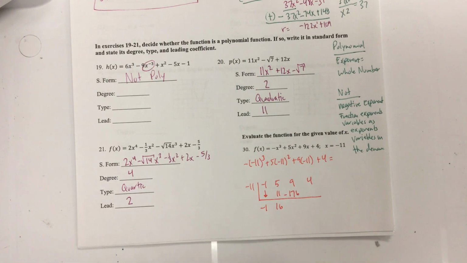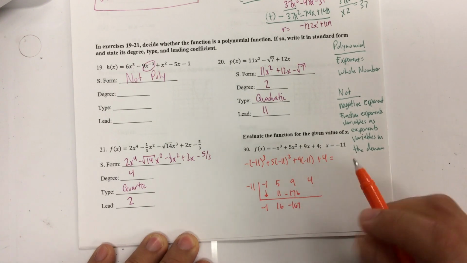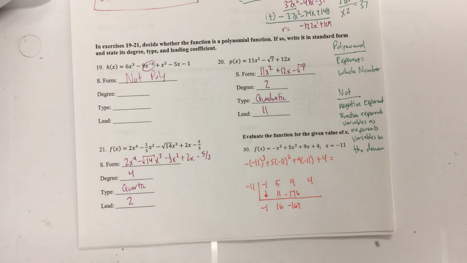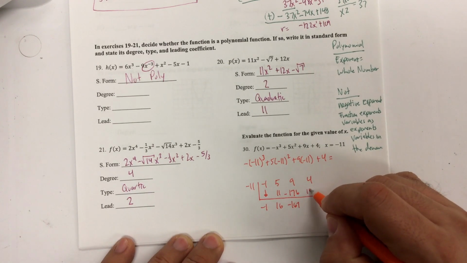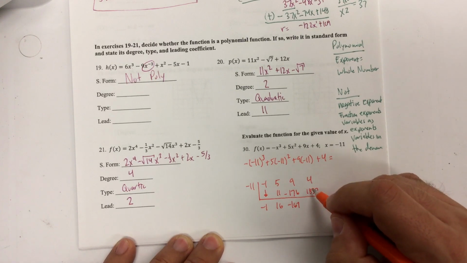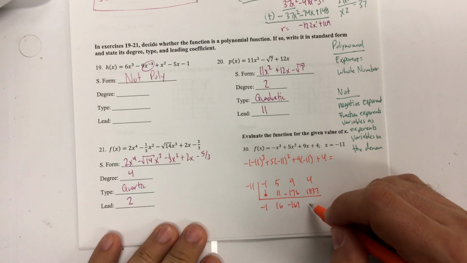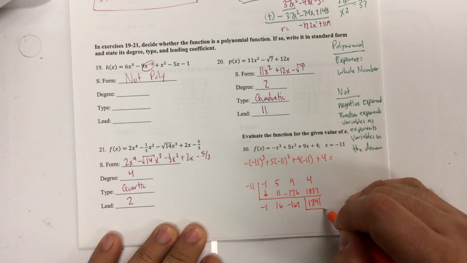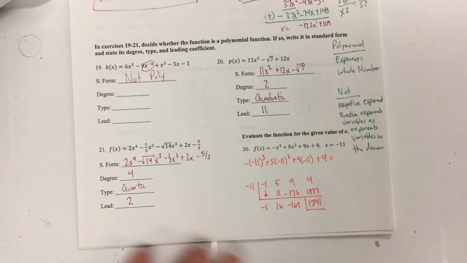And then we add 9 to that, and we get negative 167. Now negative 11 times 167 is going to be 1,837. And then we're going to combine these, so that's going to be 1841, and that is my remainder, so that is my solution.